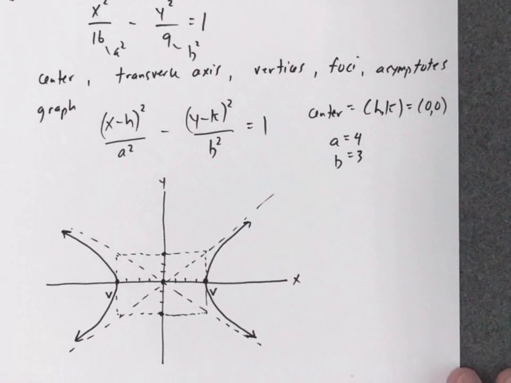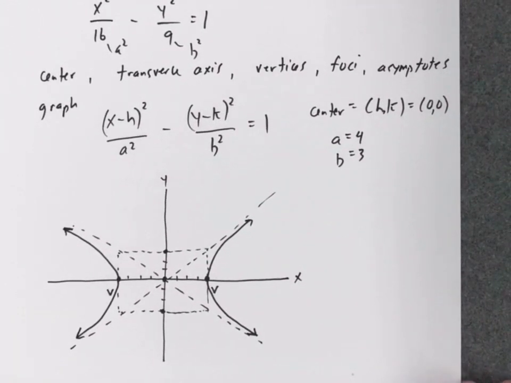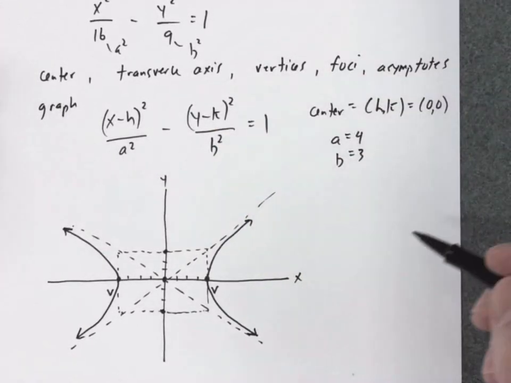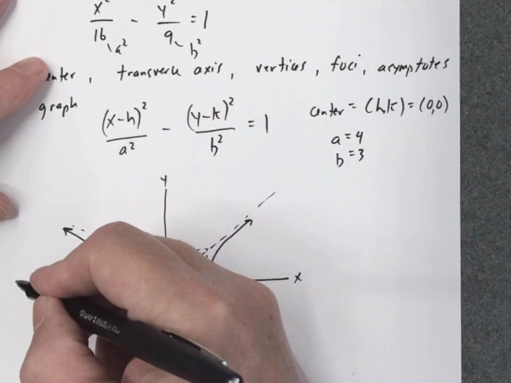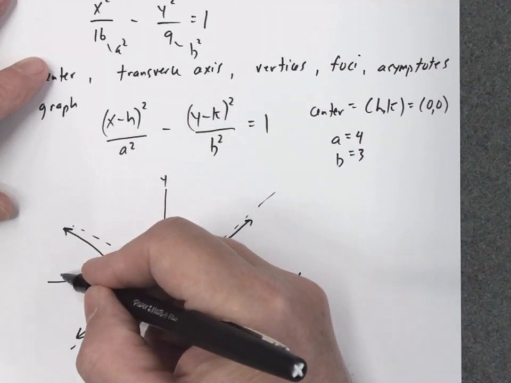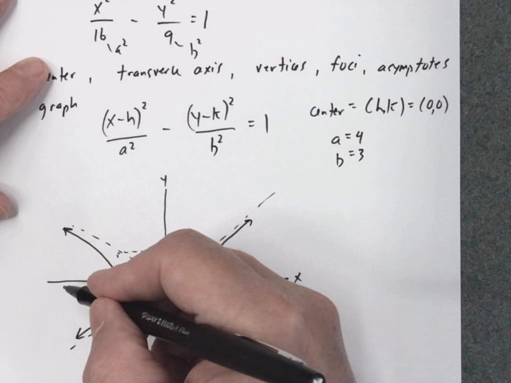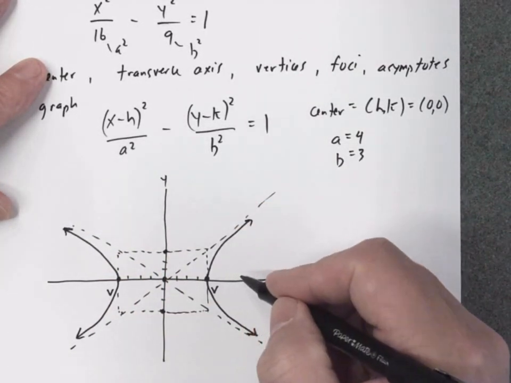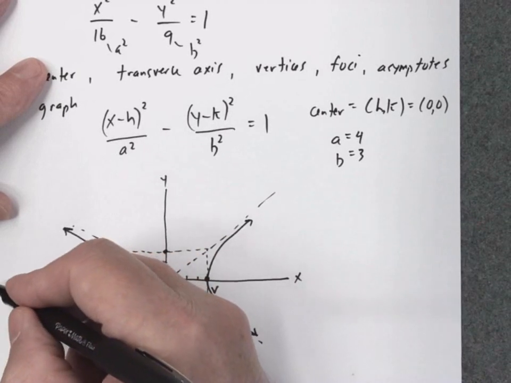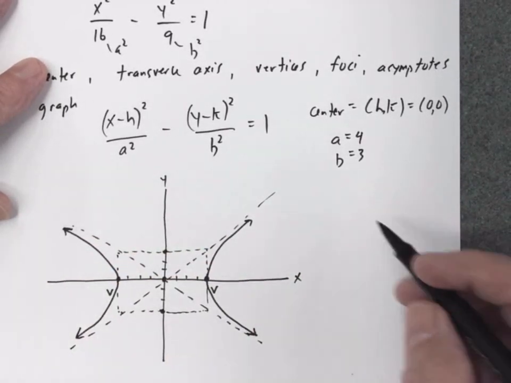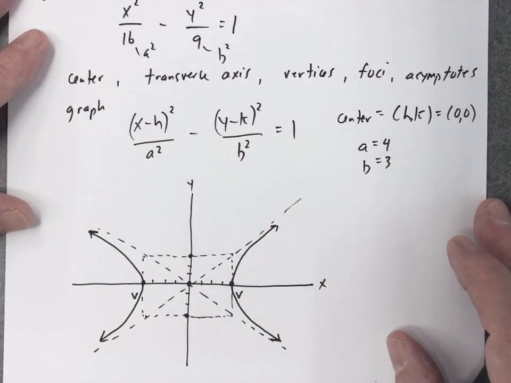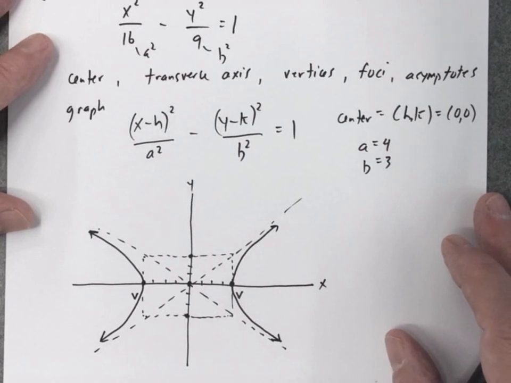So now, from what we've done in this graph, we can start to figure out some stuff. For instance, the transverse axis. You can think of it as a line that cuts the hyperbola in half. So obviously it's not going to be up and down because it wouldn't even touch the hyperbola. If we're going to cut the hyperbola in half, it's going to be horizontal. The question is, is the transverse axis parallel to the x-axis or the y-axis?